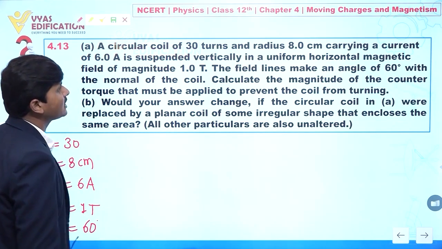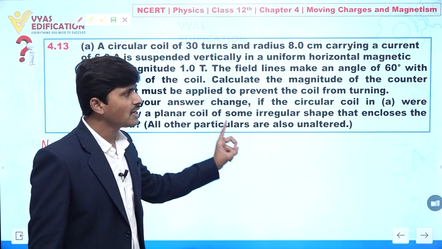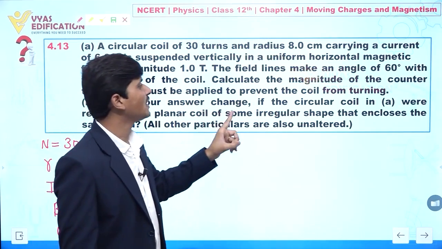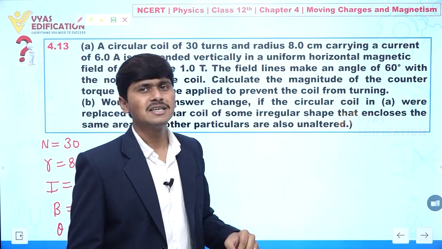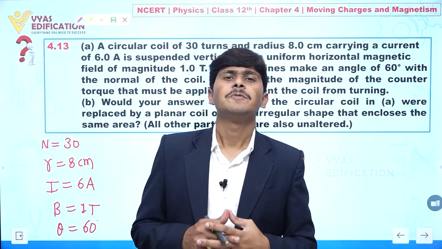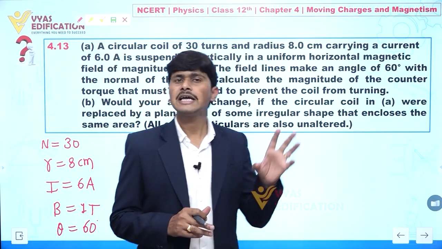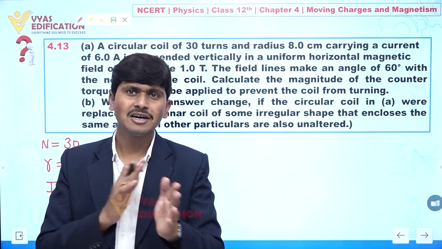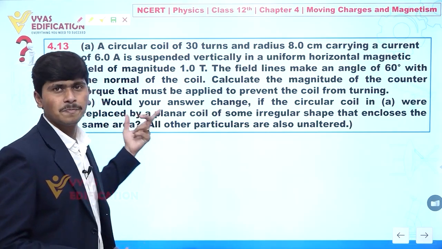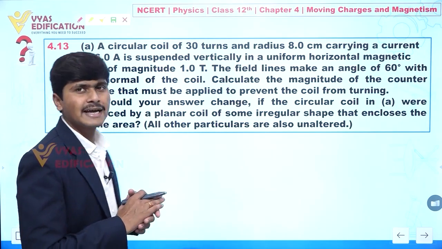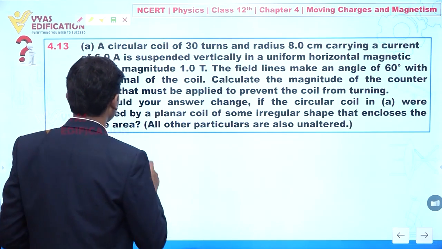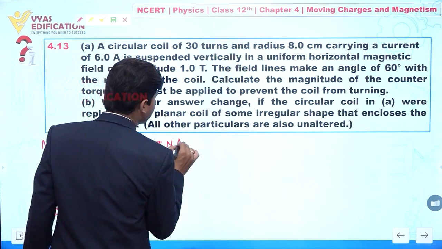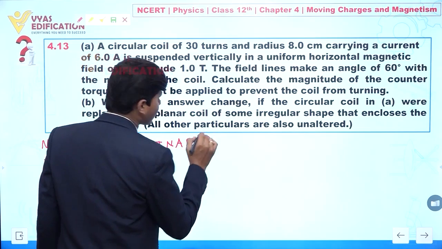Now in this question it is given, calculate the magnitude of the counter torque that must be applied to prevent the coil from turning. It means whenever there is an angle between the area vector and the magnetic field, a torque will act on the circular coil. Torque is given by NIAB sin theta, clear?